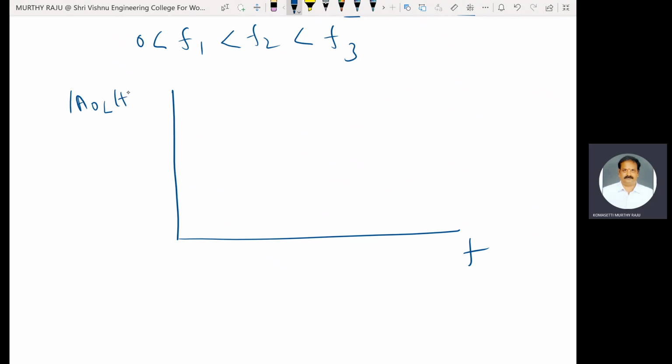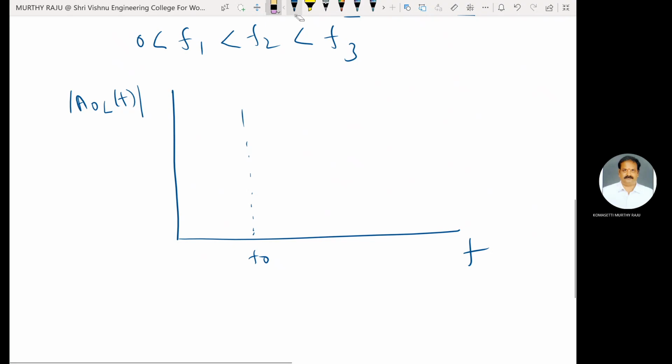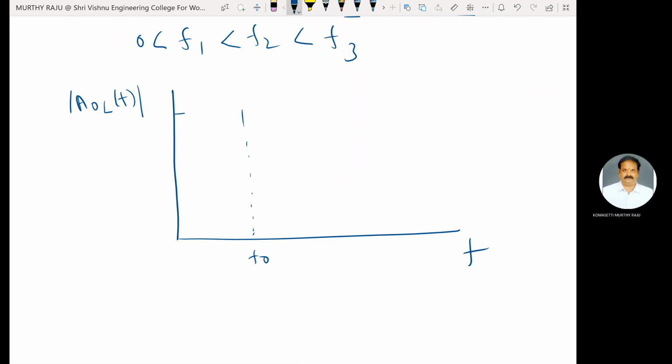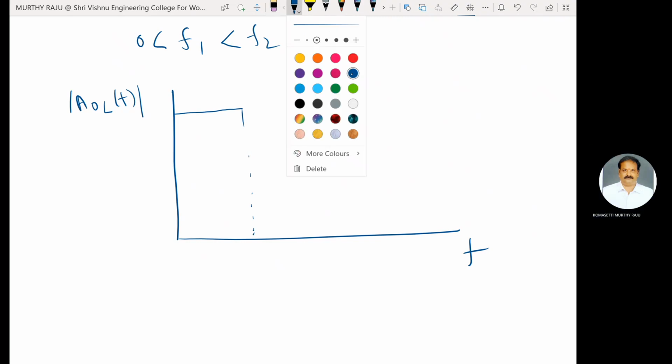Open loop gain as a function of frequency, this is the magnitude. The gain is constant up to the break frequency. There are three break frequencies. This is the first break frequency f1.